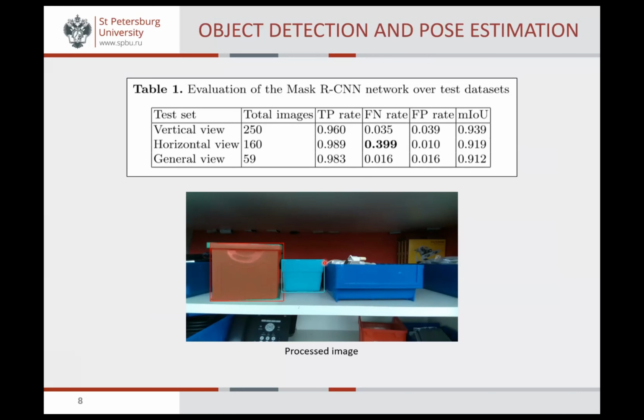This problem is actually quite difficult for neural networks because the KLT bins do not usually have enough texture or some reliable unique features on which the network could rely. And also they are very similar to the environment that they are placed in.